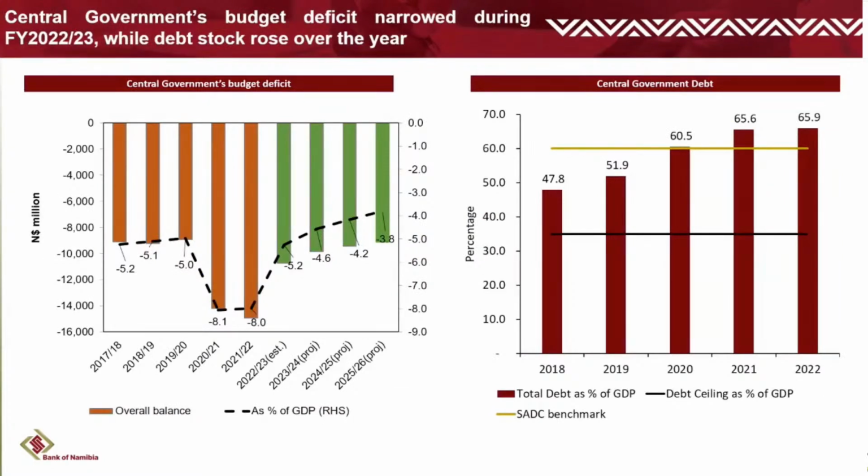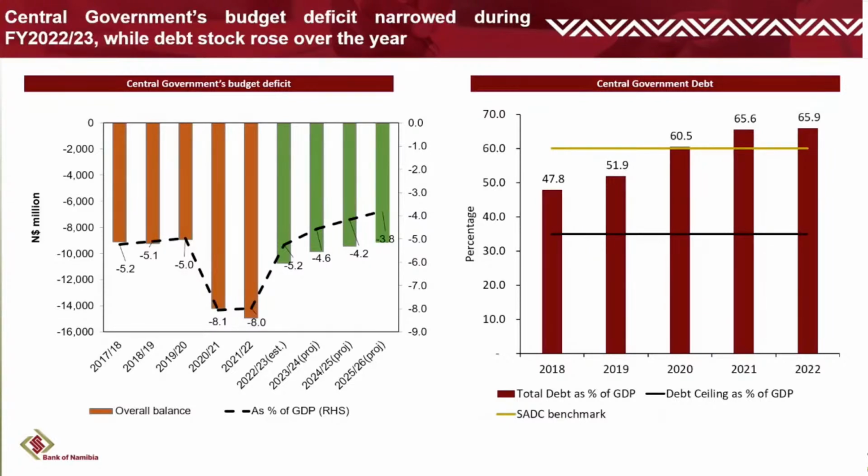Central government budget deficit as a percentage of gross domestic product for the 2022-2023 fiscal year was revised downwards by 0.1 percentage point to 5.2% of gross domestic product from the 5.3% initially estimated in the October 2022 mid-year budget, owing to an increase in revenue. The debt stock level of central government rose over the year to the end of December 2022, driven mainly by a rise in domestic debt.